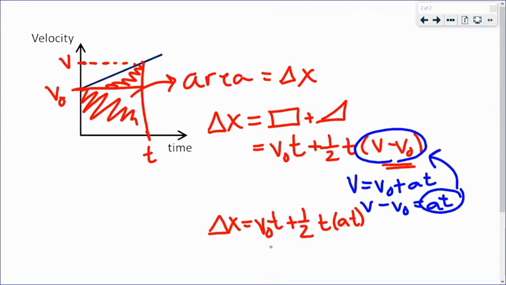I have two t's and one a, so I can rewrite that in its final form like this, plus 1/2 a t squared. And this is the second equation of motion. The change in position is equal to the initial velocity times time plus 1/2 of acceleration multiplied by time squared.